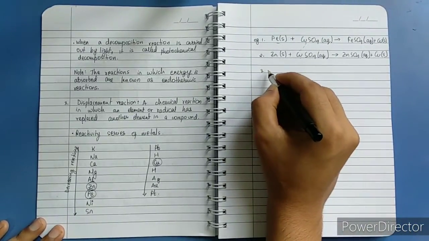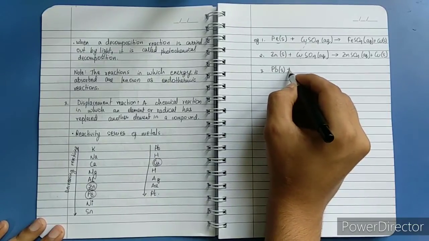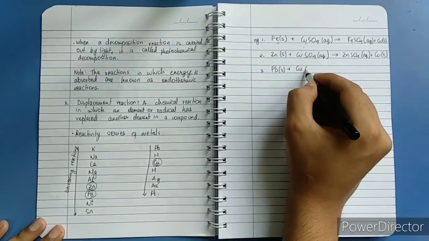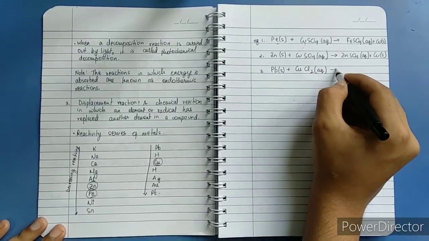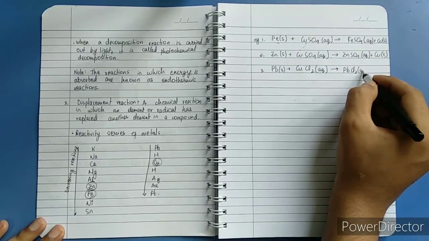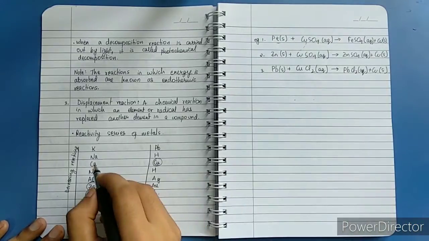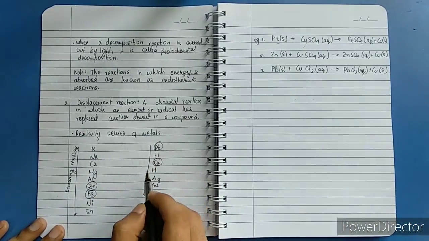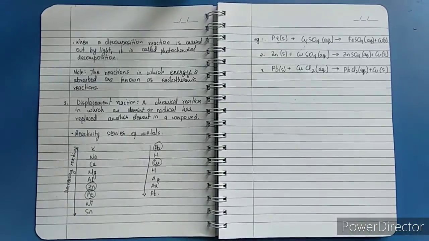Third, we are taking lead as an example. Lead reacts with copper chloride, an aqueous solution, to produce PbCl2 aqueous, plus copper is released. Again, lead is more reactive than copper, so lead can displace copper from its salt.